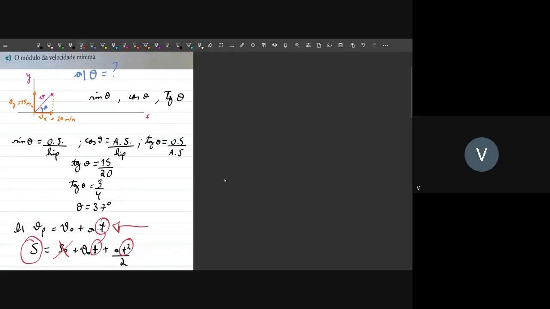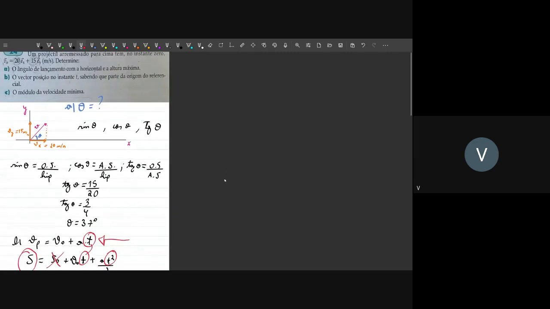The V0 is the value of the velocity you launch the body up, so it is 15. Okay, 15. This is the initial velocity. The final is zero. And a is negative 10.